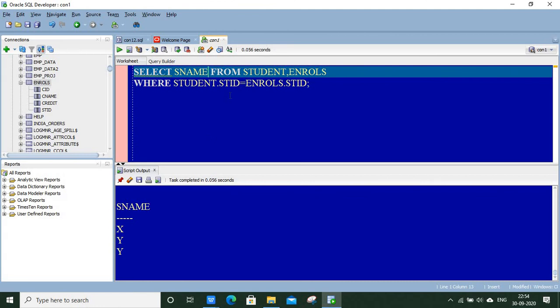Another way to implement the cross product is by using table alias.